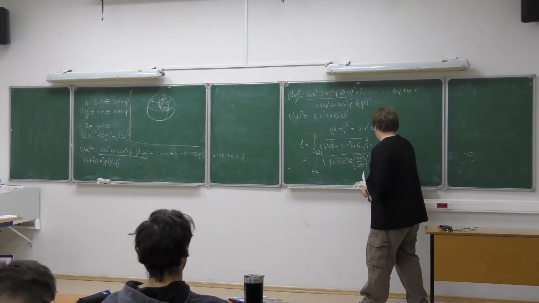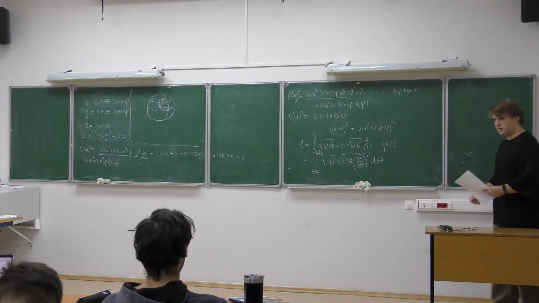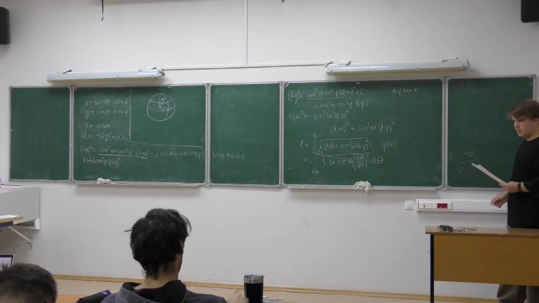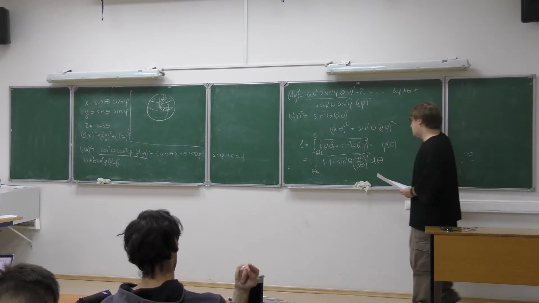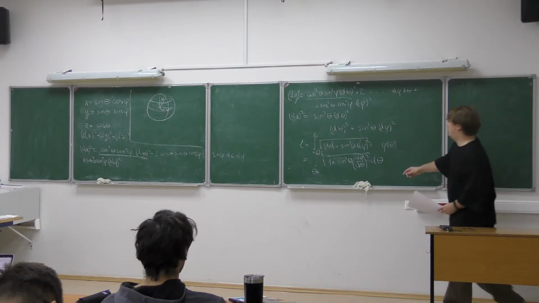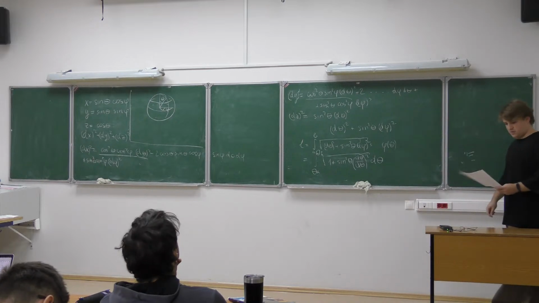You can first concentrate on these curves, then see that the others just should be longer. Then our length can be written as this integral with the integration variable theta.